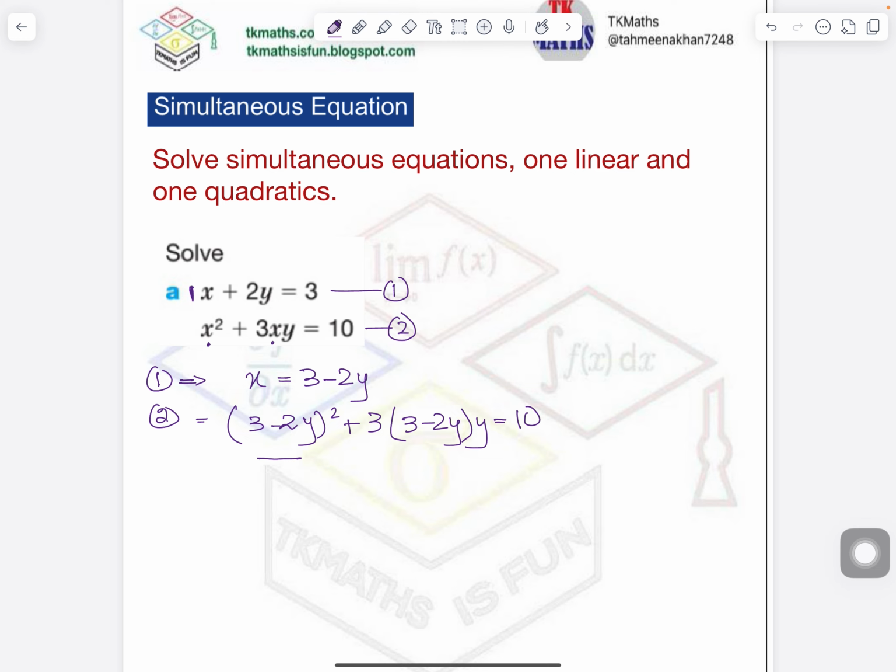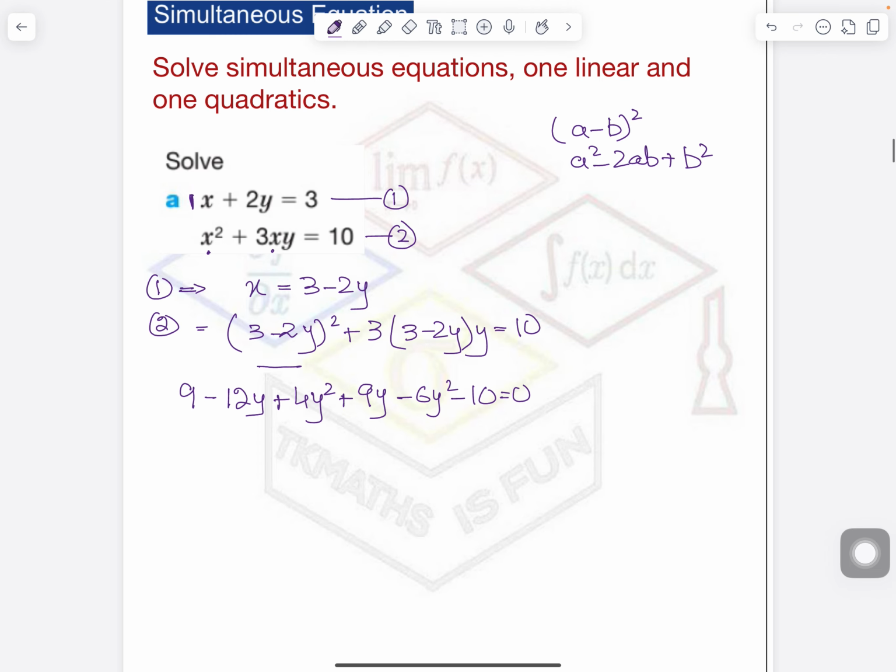It is algebraic expansion, and if you remember, it will help you recall (a minus b) whole square, which is equal to a square minus 2ab plus b square. So I will expand it accordingly. It will become 9 minus 12y plus 4y square plus 9y minus 6y square minus 10 equals 0.